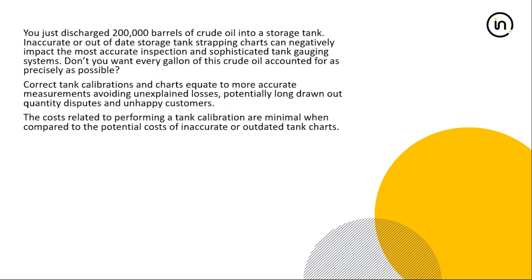And so when you deliver to your client, he notices that there's 5,000 barrels of crude oil missing from your delivery. That is a problem that we face when we have inaccurate gauging tables at our disposal. Our inventory control and our loss control isn't correct.